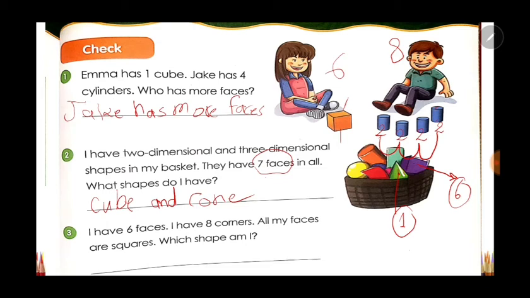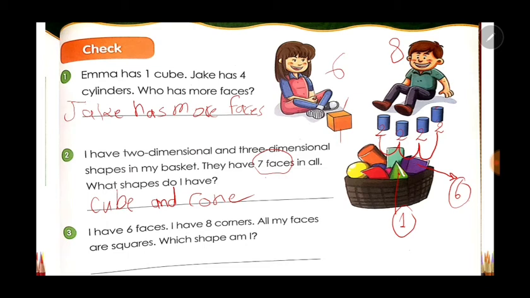Maybe you want to change your answer, maybe a cylinder, but you have to get 7 faces. Maybe 1 cylinder with 2 faces and 3 cones. But can you see here? I want 7 faces, so I can choose a rectangular prism or a cube with a cone.